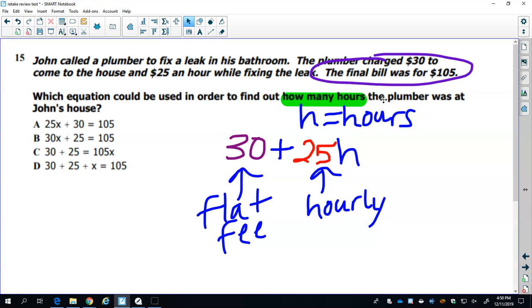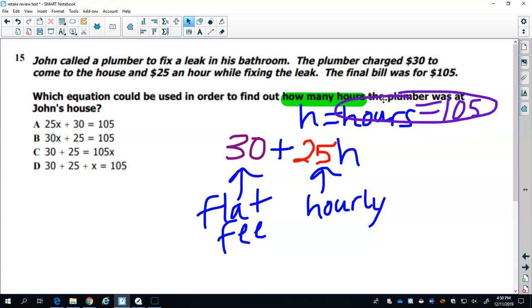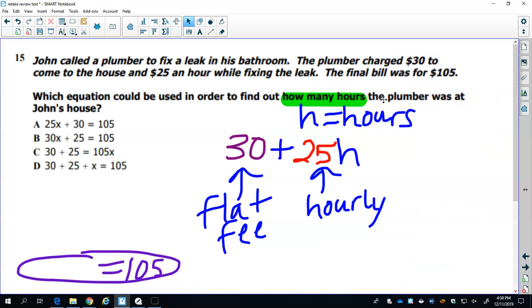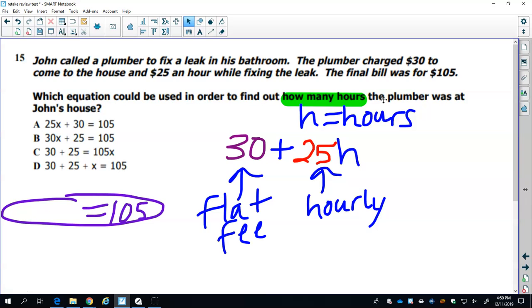The final bill was $105, so it's going to be equal to $105. So that is what we're going to bring down. Equals 105.